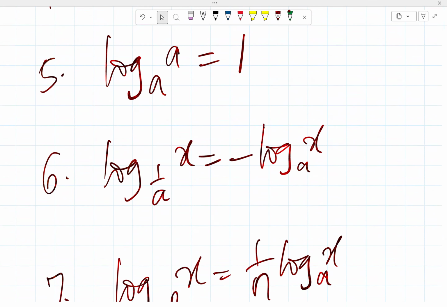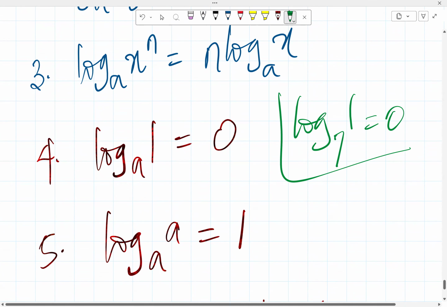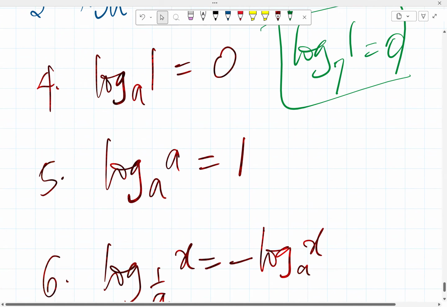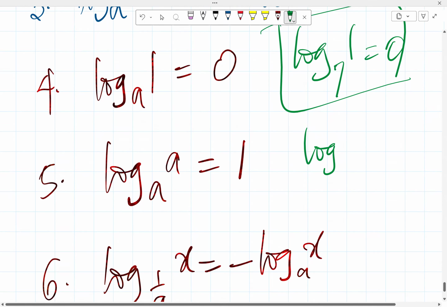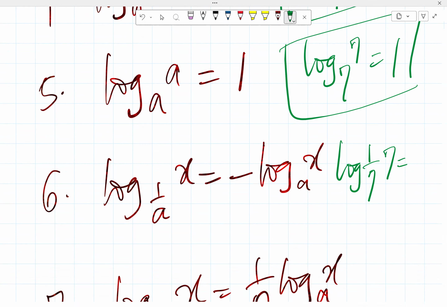For these new things, of course, we know that log 1 to base 7 is equal to 0, straight up, because it is log 1. Whatever the base is, doesn't matter. We know log 7 base 7 is equal to 1, straight up. Therefore, log 1 over 7 base 7 will be equal to minus log 7 base 7, which is equal to minus 1.